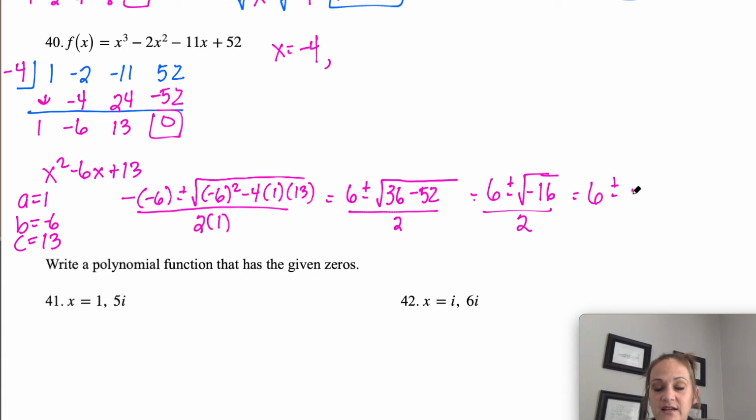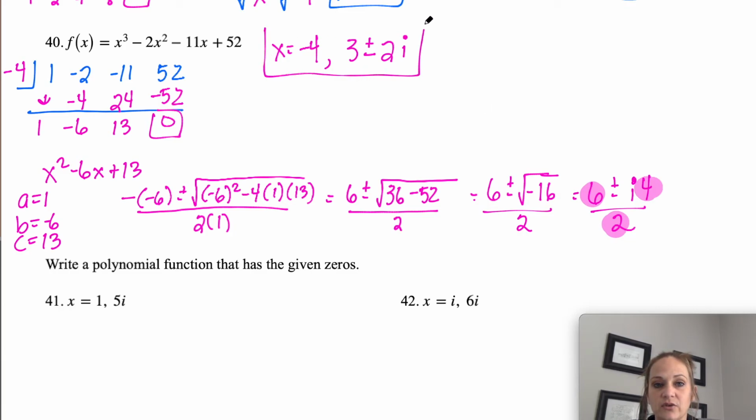The square root of a negative is i. The square root of 16 is 4. And then I notice that my numbers are all even, so I can divide by 2. So my zeros will be 3 plus or minus 2i divided by 1, or just 3 plus or minus 2i.